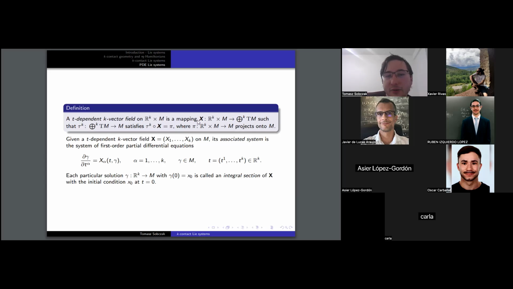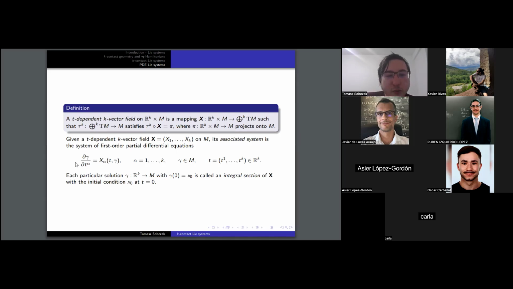And this is the definition, which can be said precisely, but I believe it's a more natural way of thinking, because previously, when we were dealing with k vector fields, we had those gamma, those integral sections, because there could be more than one, but for clarity, it's just one particular integral section.